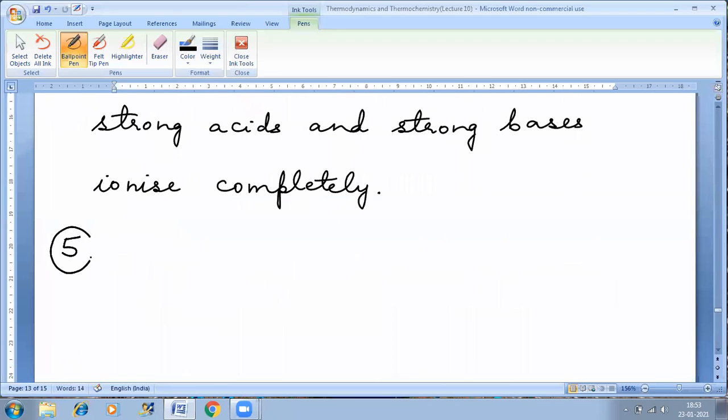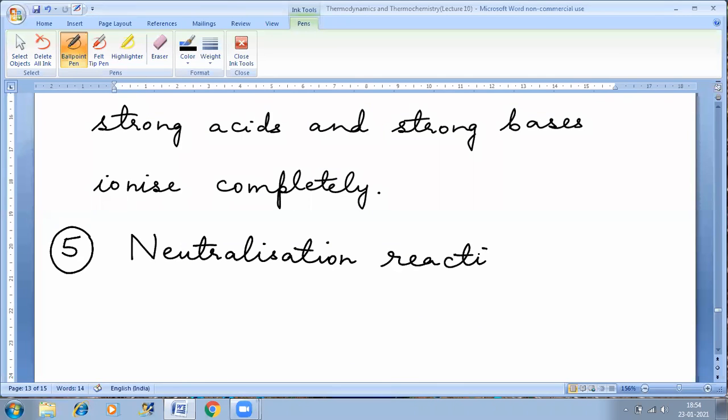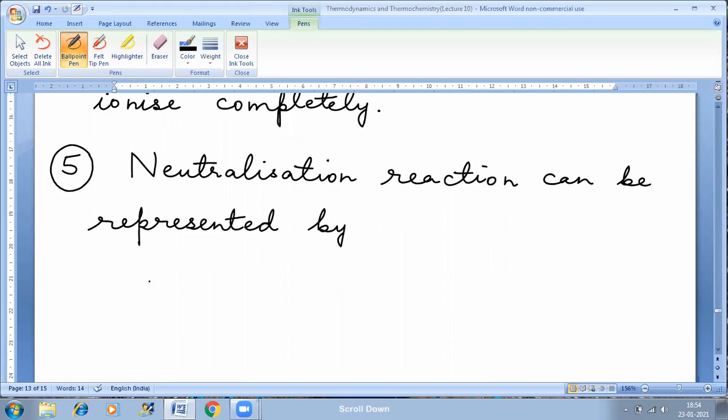And sometimes they write like this. Neutralization reaction. Sometimes they ask you how do you represent a neutralization reaction? The neutralization reaction can be represented by this form, H plus OH minus giving H2O.